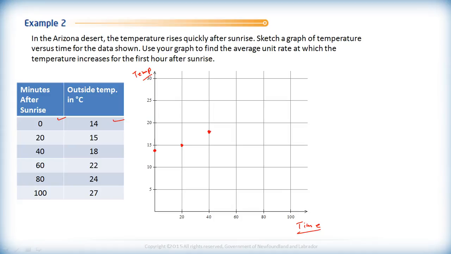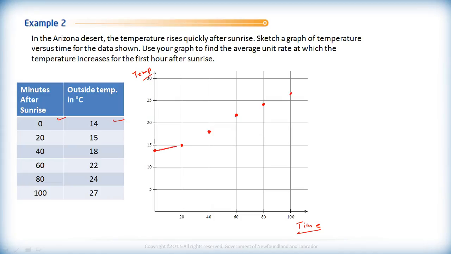And then a full 60 minutes after the sun came up, we're at 22 degrees. So 22 degrees would be up about here somewhere. And then 80 minutes after, we're at 24 degrees. So that's somewhere in this range, just below 25. And then 100 minutes after sunrise, it's 27 degrees outside. So that'd be a point somewhere in this vicinity.